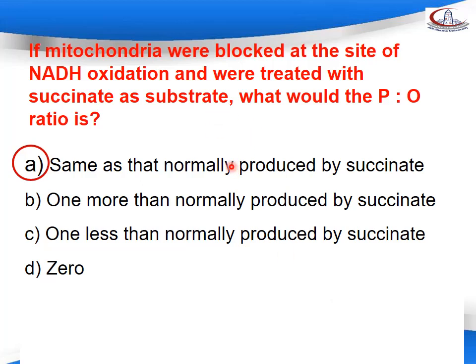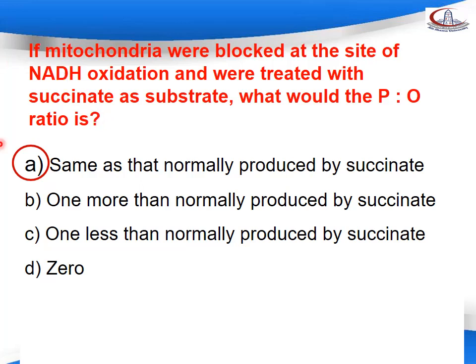Because when I start the respiratory chain from succinate dehydrogenase, which is complex 2, protons are pumped as electrons pass through complexes 3 and 4, producing 2 ATP. Inhibiting complex 1 has no effect on me, because I start from complex 2.